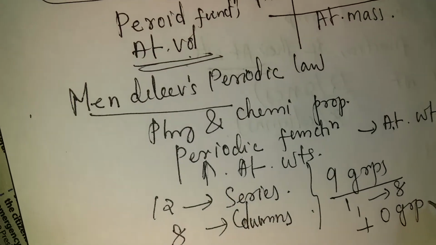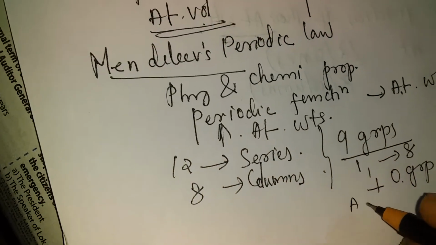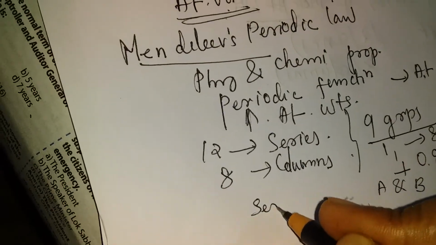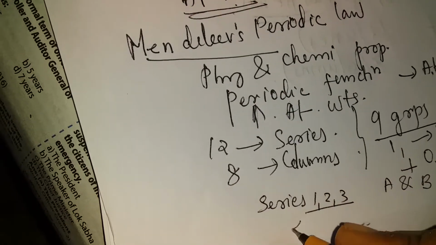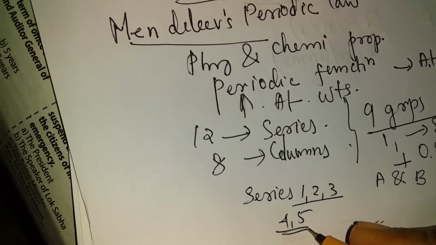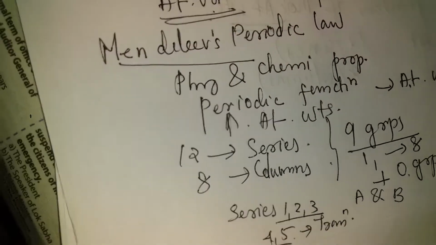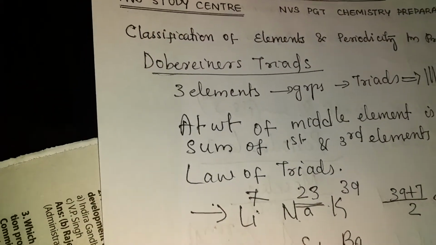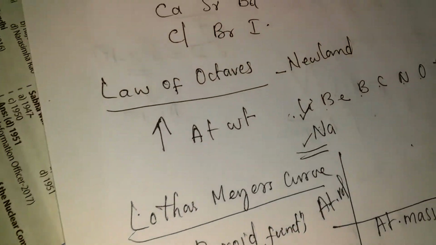Each group is again divided into A and B. One more thing: series 1, 2, 3 are short periods, and 4 and 5 are long periods, which means 4 and 5 contain transition elements. So that's all about Mendeleev's periodic law, Dobereiner's triads, the law of octaves, and Lothar Meyer's curve.